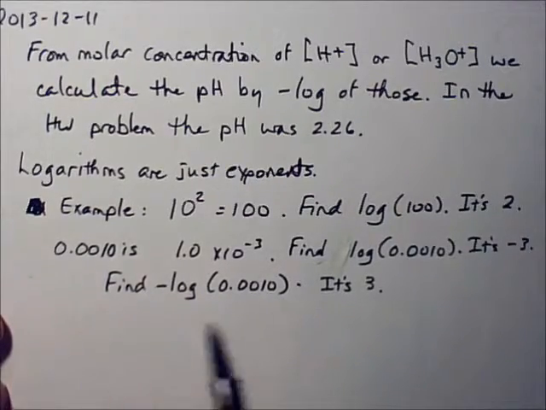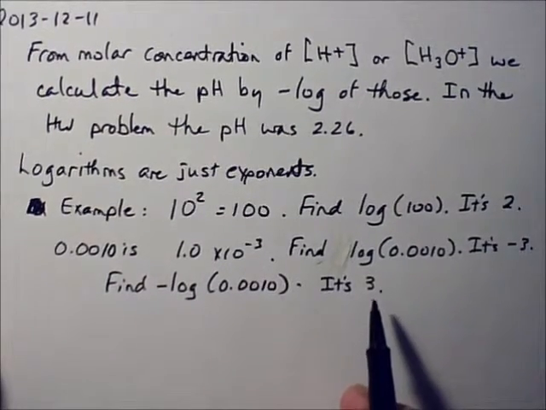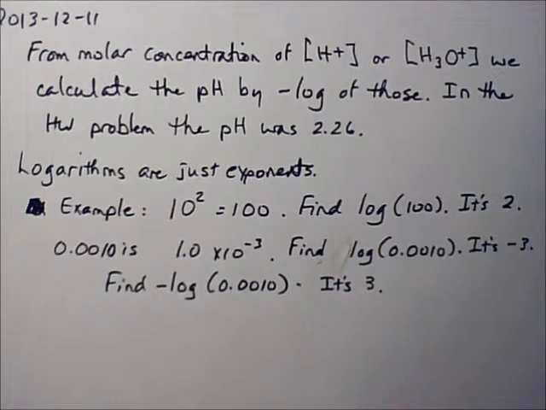Now, if logarithms are exponents, that gives us a way to undo an exponent, which means we can undo the pH. If logarithms are exponents, then we can undo logarithms, which means we can undo pH. Does that make sense to everybody?